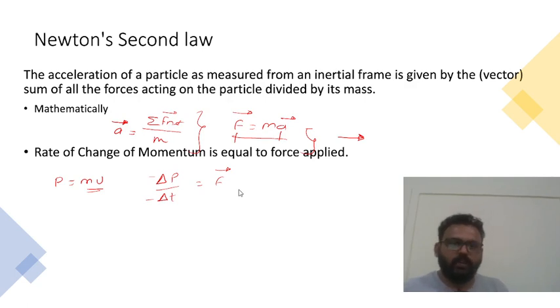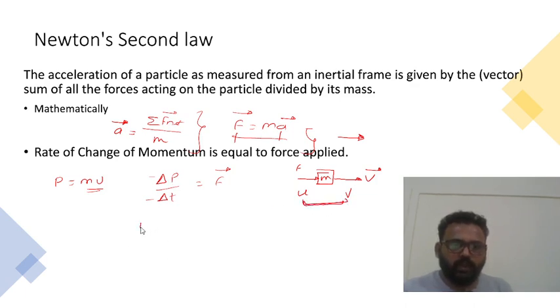Now, say there is a mass m and I am applying a force in this direction. So the direction of its velocity will be in this direction. Say it has initial velocity u, and after applying a force it will have a final velocity v. In both the cases the mass is constant, correct?